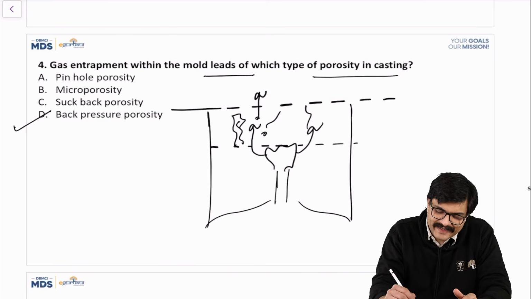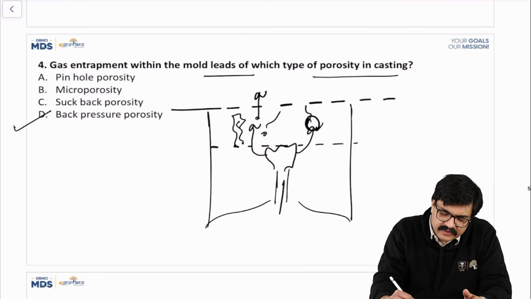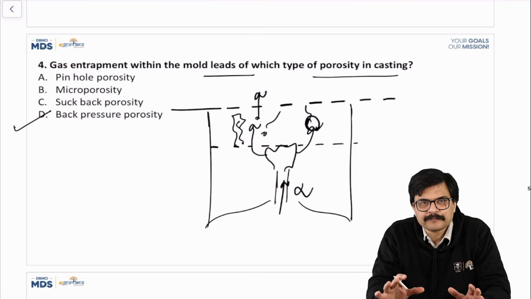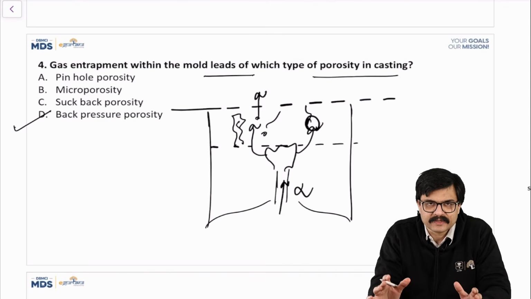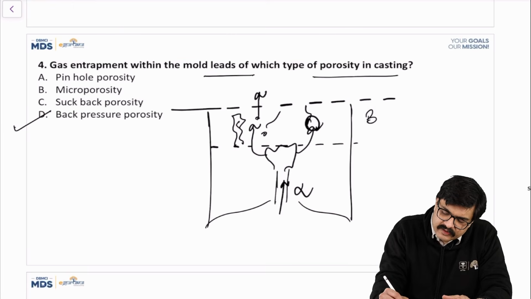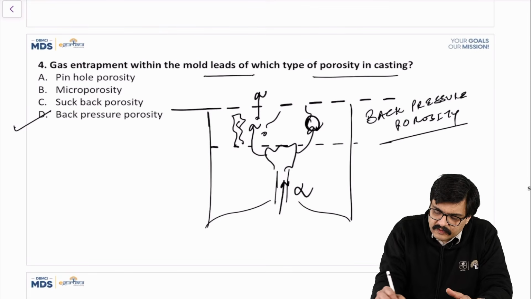The gases will get trapped in these pores, causing a back pressure which would eventually prevent the inflow of molten metal into the investment mold cavity, right? And that would lead to some kind of porosity known as back pressure porosity. That's the best answer here. Okay, right? So that's the answer here.